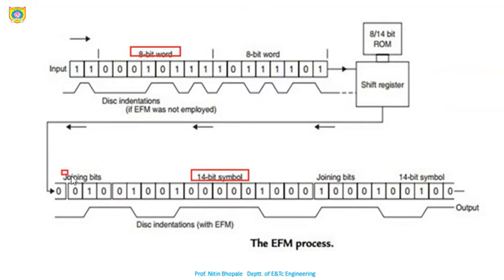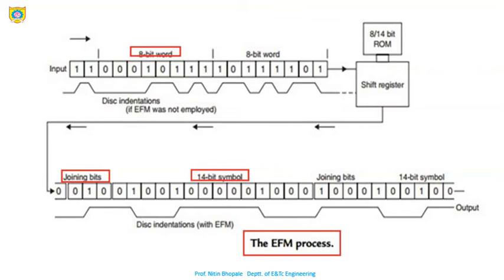These are some of the joining bits, mentioned here like 0, 1, 0, and at last we get the 8 into 14 conversion, which is nothing but the EFM process. Now let's proceed to the next section.